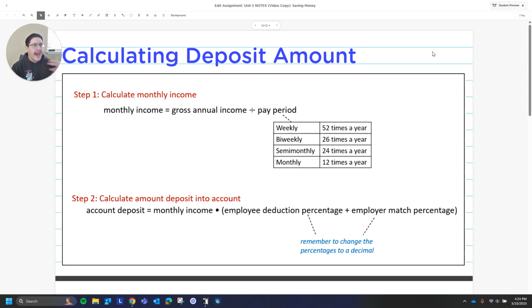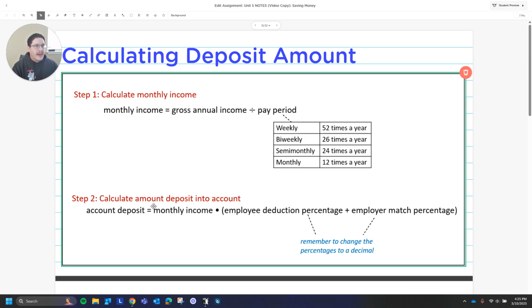Okay, so again, we're going to calculate the amount that's going to be deposited into that account based on certain things. We're going to go through the steps of this particular type of 401k problem, and then we'll go through an actual example. So first, a preview of the steps. We're going to calculate the monthly income, and that monthly income is the gross annual income divided by the number of pay periods per year, whether you get paid weekly, bi-weekly, semi-monthly, monthly, whatever.